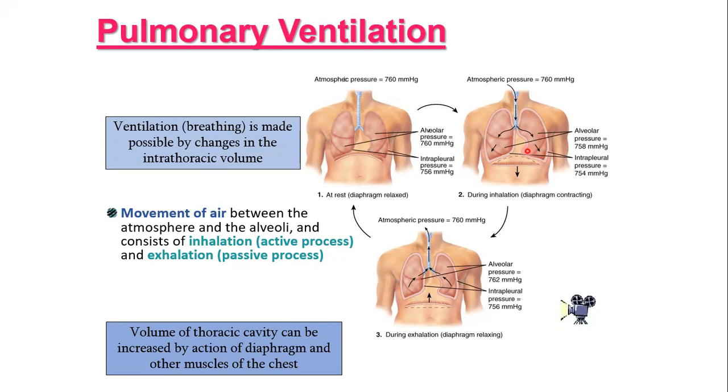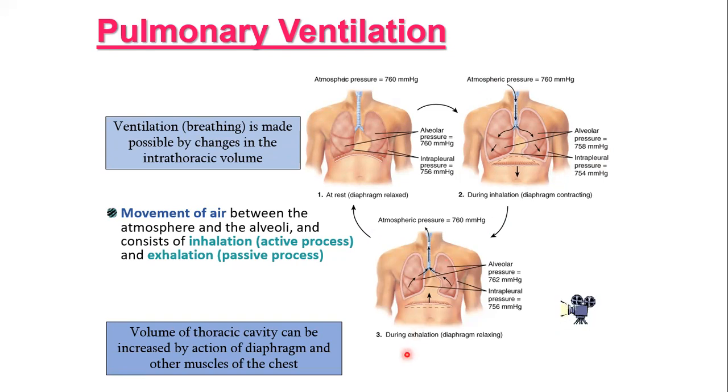It has a wider space to go through. So if we look here, the alveolar pressure will go down. Instead of 760, it became 758 millimeters mercury. Same for the intrapleural pressure. The atmospheric pressure didn't change. So air will be sucked to the inside. It will go from higher pressure to lower pressure inside the lungs.